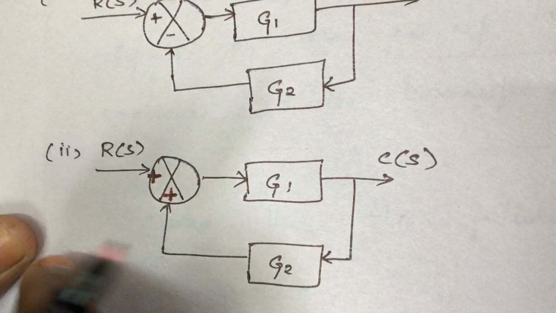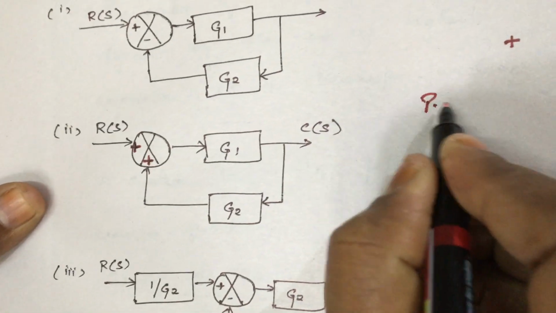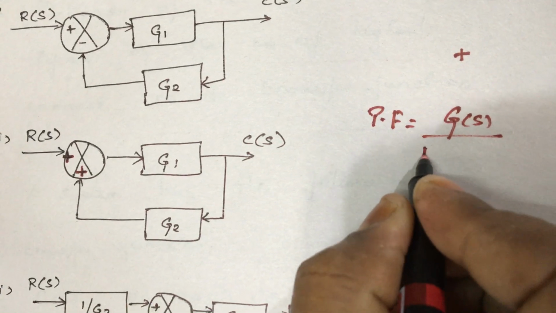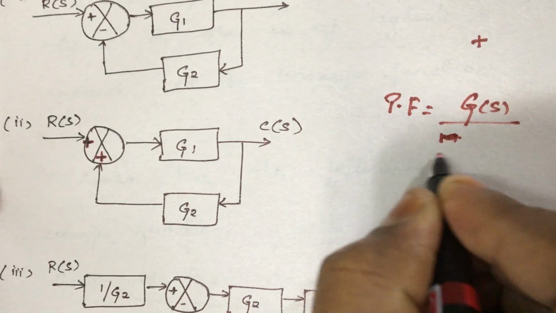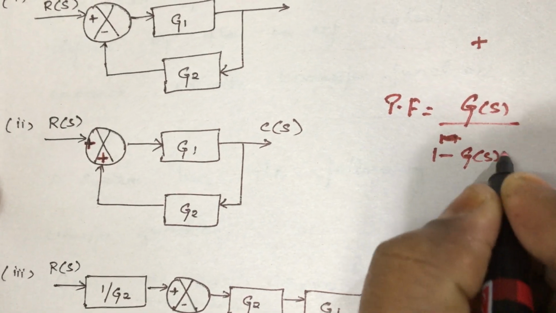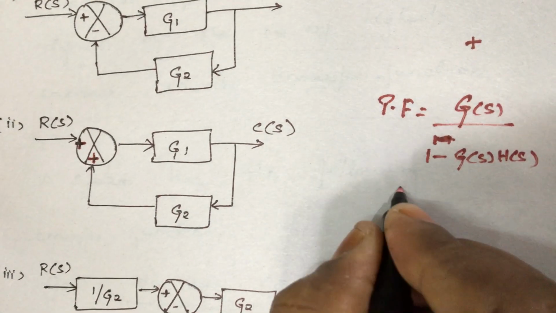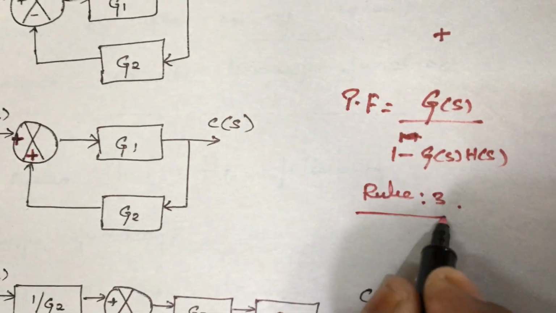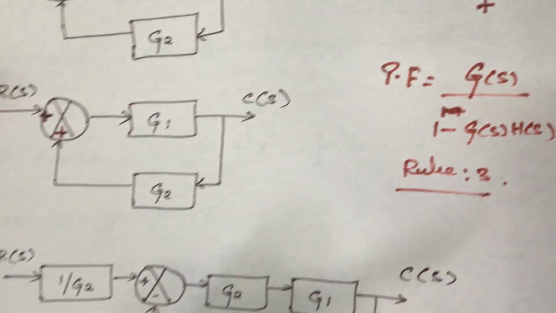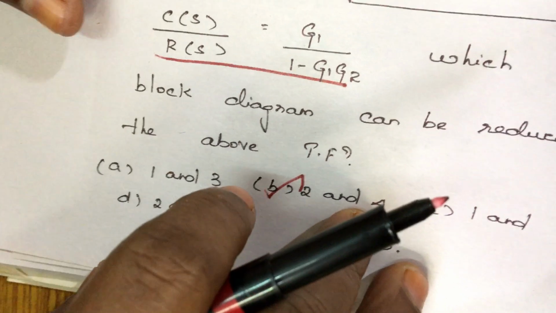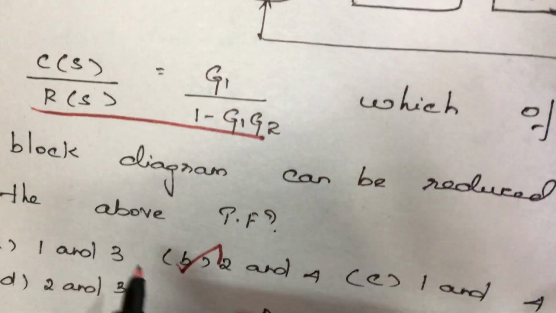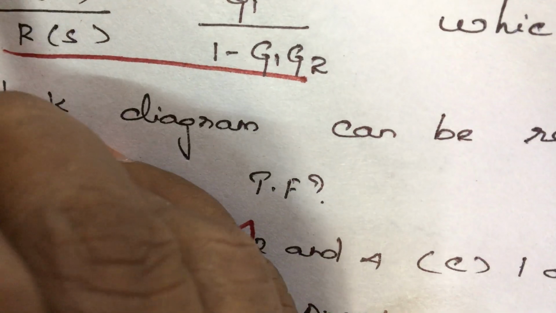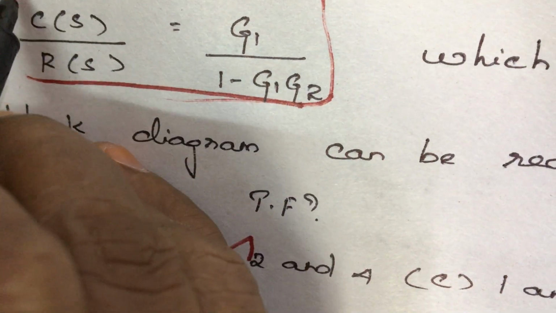If the feedback is positive, generally we write the transfer function as G of S by 1 minus G of S into H of S. This is according to rule number 3, right? So without any simplification, by seeing the options themselves, we are able to identify options 2 and 4 as the answer for the provided transfer function, right?